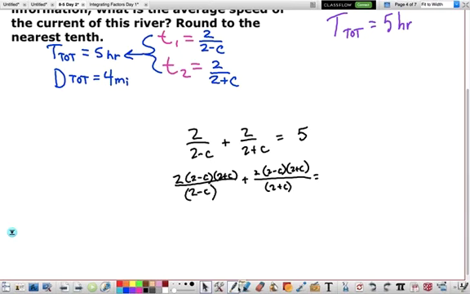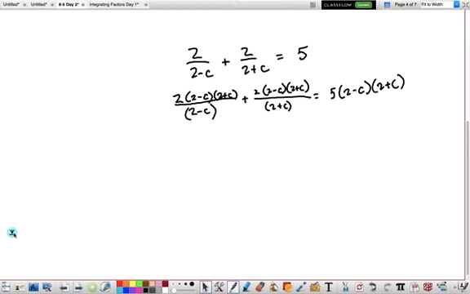I multiplied everything by that, so this is 5 times 2 minus c, 2 plus c. And then you can probably solve it from here, so keep trying on your own, but I'll walk you through it too, if you don't know how.